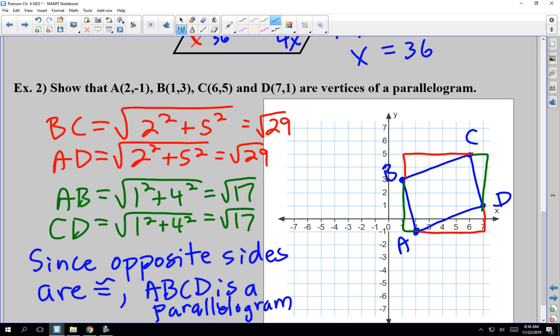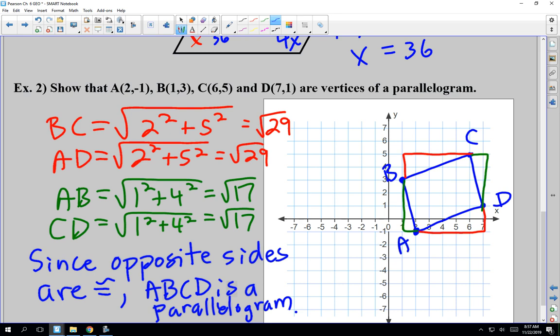That's an example of a coordinate-related proof that a shape is a parallelogram. And we're going to do that for other shapes, for squares, for rectangles, for rhombuses, rhombi, however you want to say it. We may even do it for a kite or for an isosceles trapezoid.